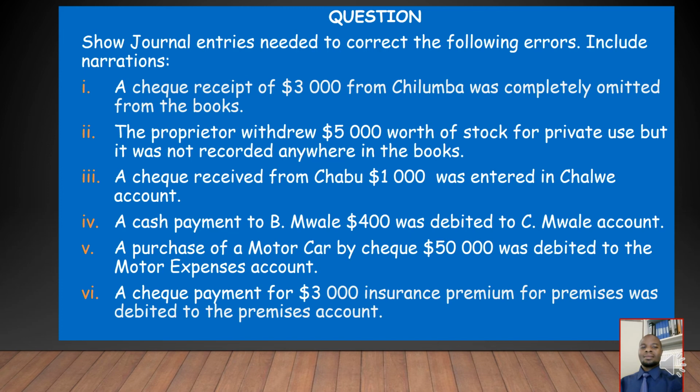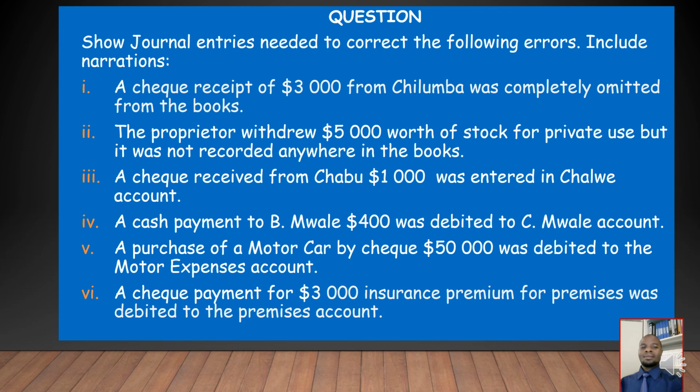So we are now looking at question number 5. A purchase of a motor car by check, $50,000, was debited to the motor expenses account. So there is an acquisition of an asset. The asset's name is motor car.